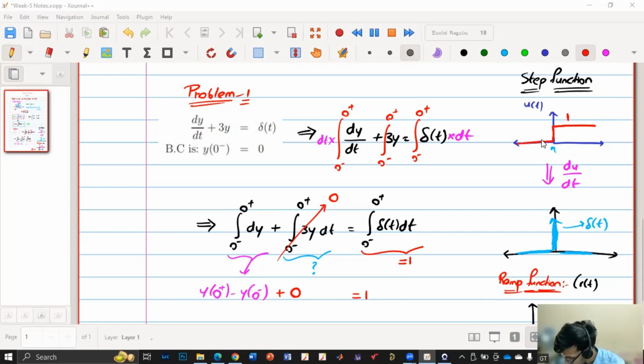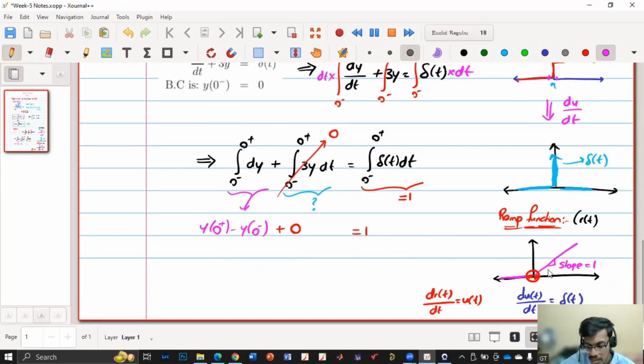So I am considering just a finite increment here. If I consider the values of u(t) at these two points, they are two different values. Whereas for r(t), if I consider two values, they are very near to each other.